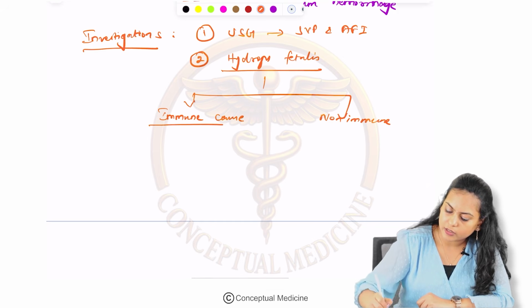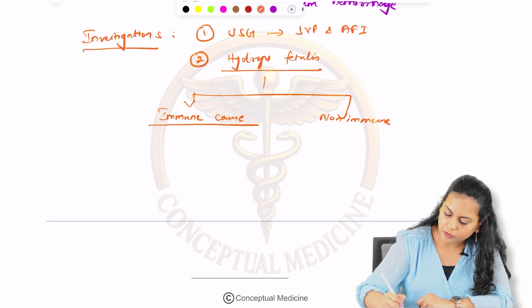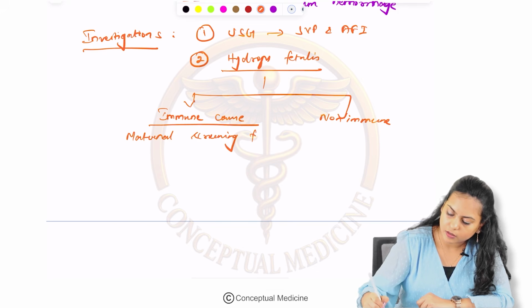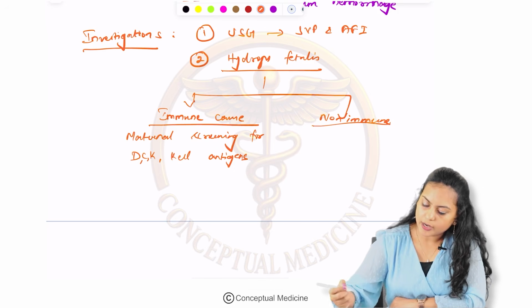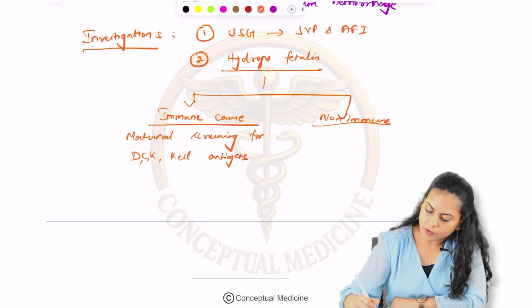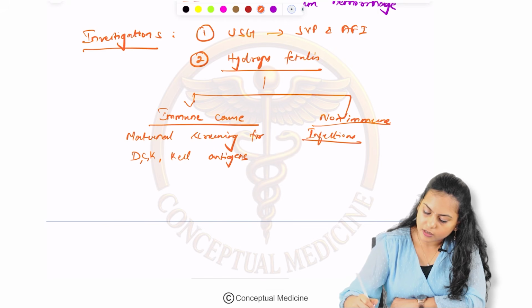To rule out the immune pathology, we have to do the maternal screening for D, Kell and Kidd antigens, even the C. And in non-immune hydrops, we have to check the infections in the mother.